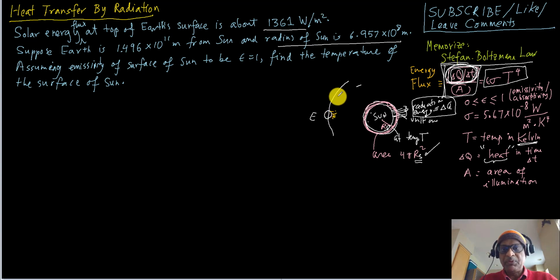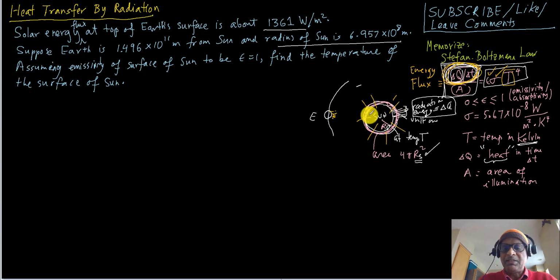So if you assume that the sun actually gives out radiation in all directions, then I think we can find the numerator here. Suppose we can find the numerator. Then carrying on to the right side, we can figure out the temperature using this equation. All right, so our focus is to find this delta Q over delta T.